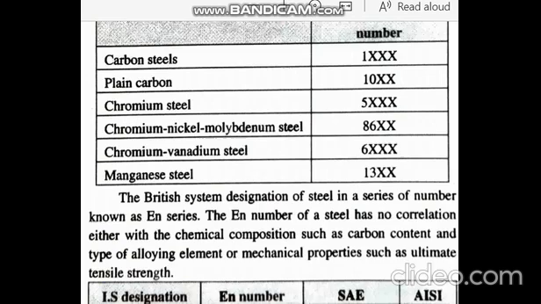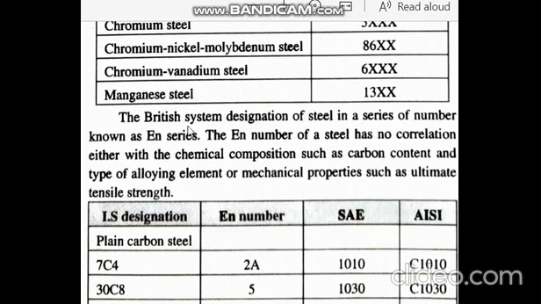And then British standard, British means English, how they designate is they designate the material with EN series. If you come across any material which is designated as EN, then you know that it is a British system.